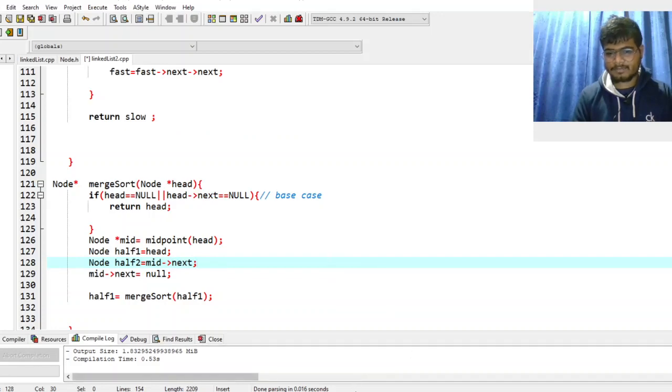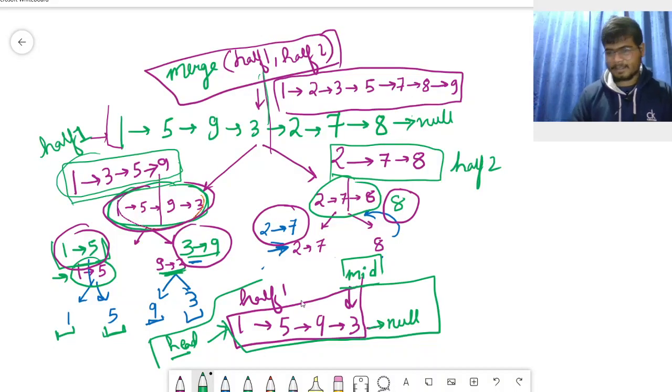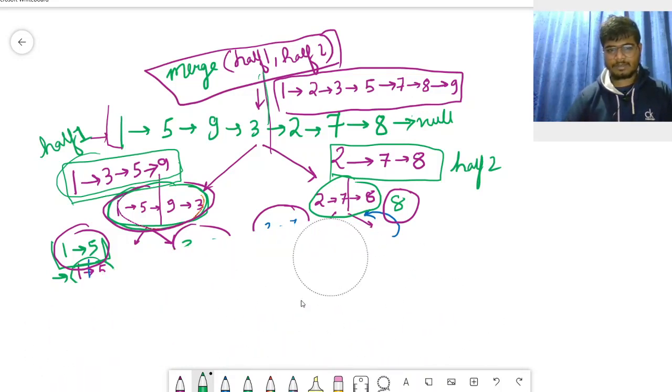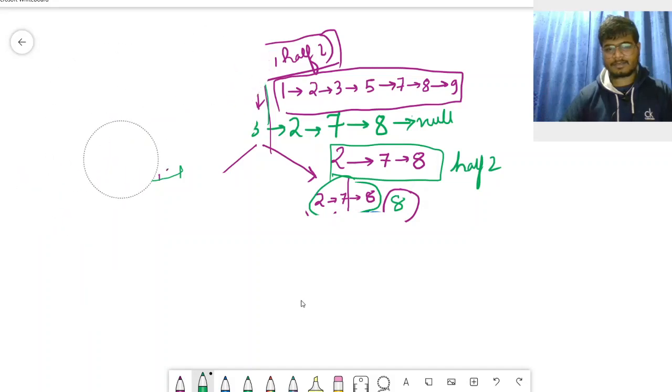What we did with this line is, I'll erase this part and then we'll do the dry run once again. Let me select everything and place this part.